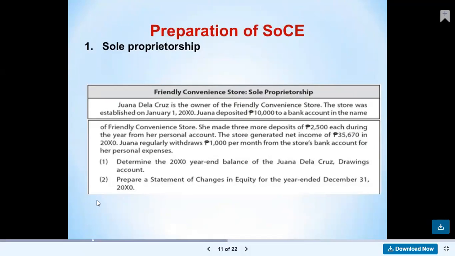So you are going to determine the 2000 year-end balance of Joanna de la Cruz's drawings, and second, you're going to prepare a statement of changes in equity for the year ended December 31. So let's proceed.